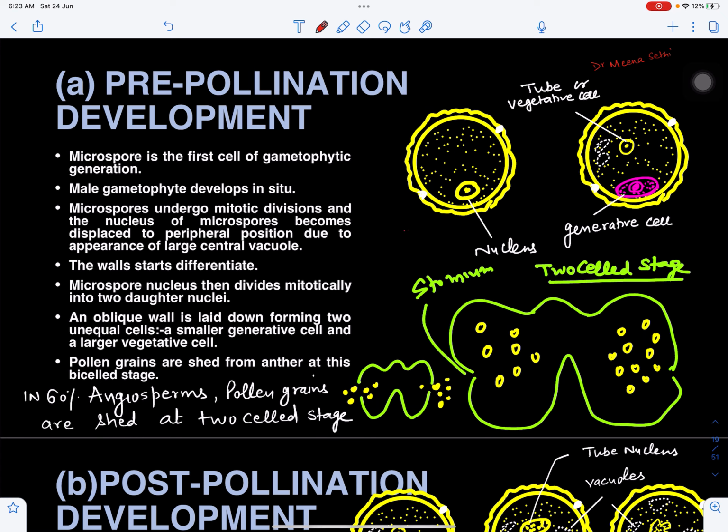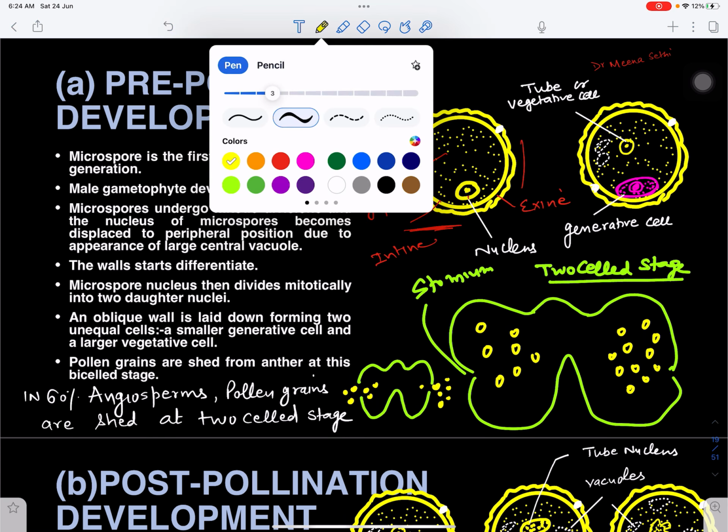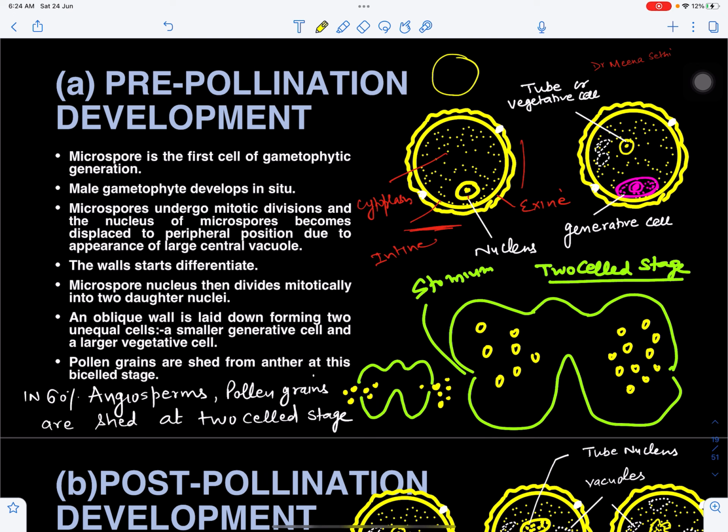Like we discussed, structure of the microspore or the pollen grain. This is bounded on the outer side by exine, and this inner wall is intine, and this part is cytoplasm, and this is its nucleus. Now this nucleus will divide into two nuclei, right?